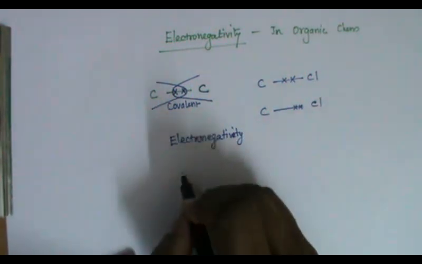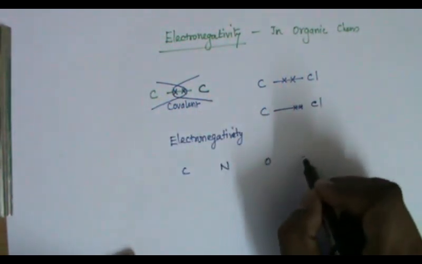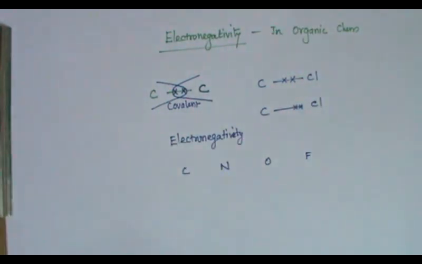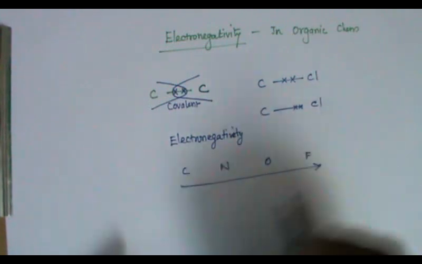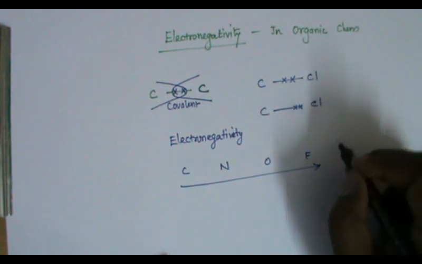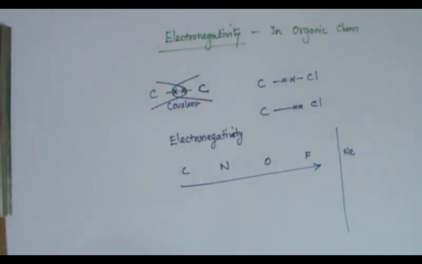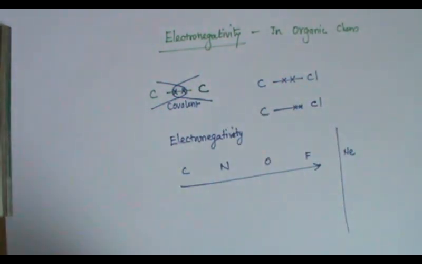If you go along a period, carbon, nitrogen, oxygen, then we have the halogen fluorine. It increases from carbon to fluorine. The next one we generally don't consider, helium, neon, since it is an inert gas. So if you go from carbon, nitrogen, oxygen, fluorine, the electronegativity increases.